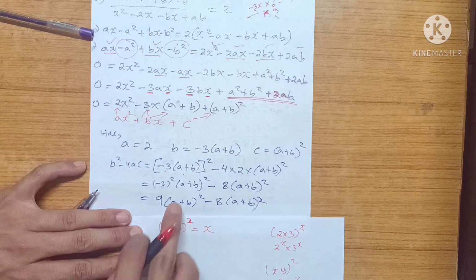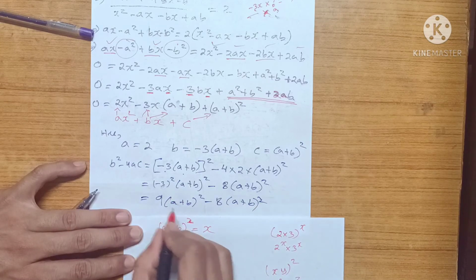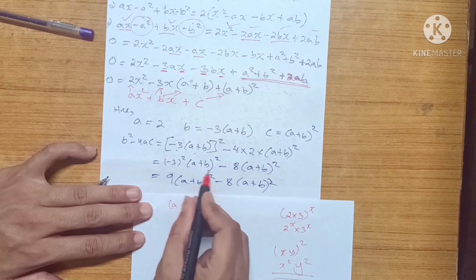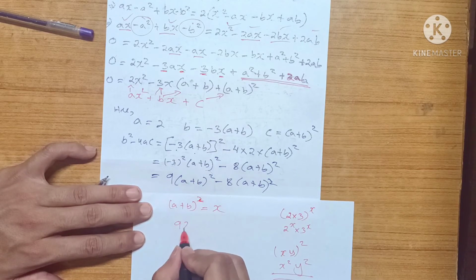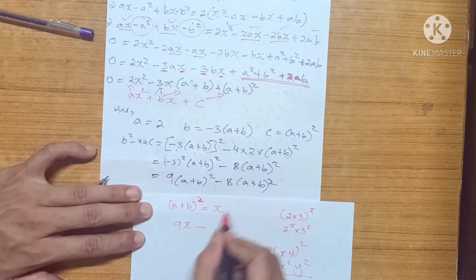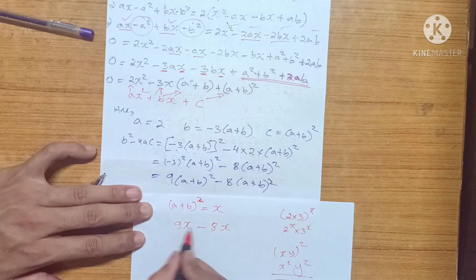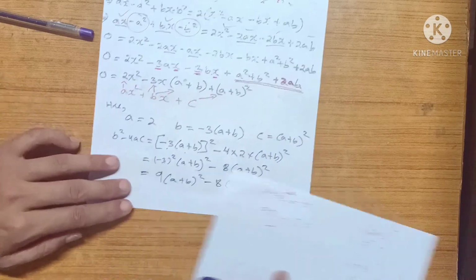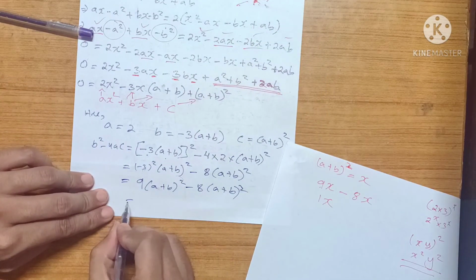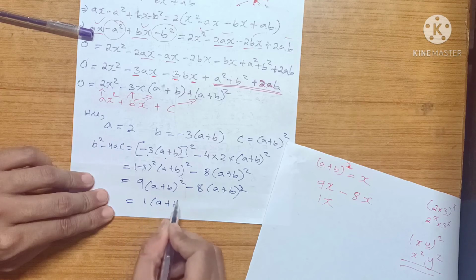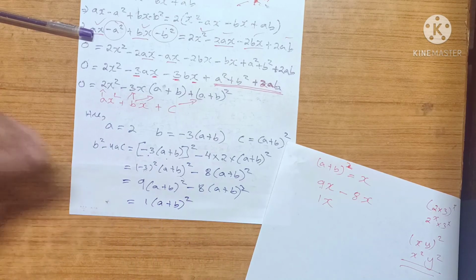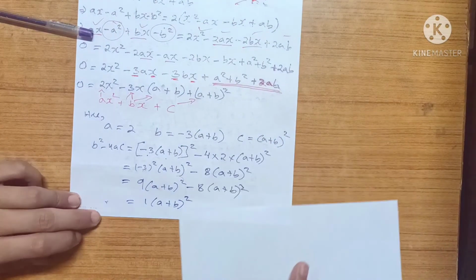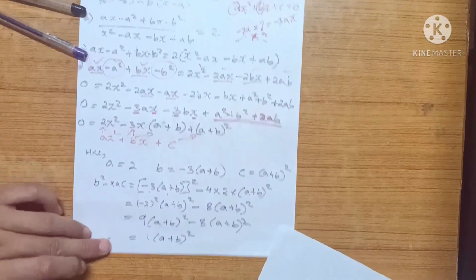If this whole thing is represented by x, we can rewrite it as what? 9x minus 8x, right? And 9x minus 8x will be what? 1x, right? So we finally found our b square minus 4ac value, which is a plus b the whole square.